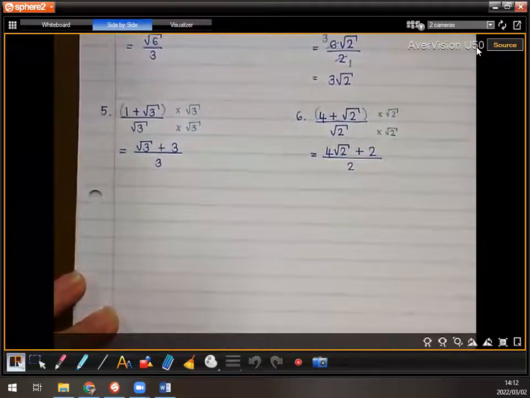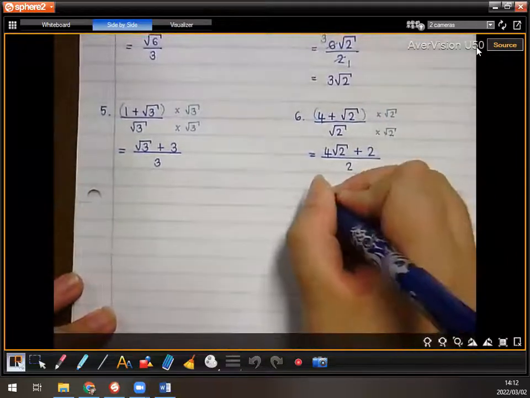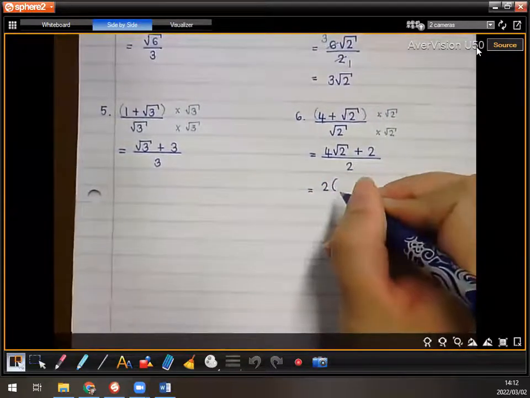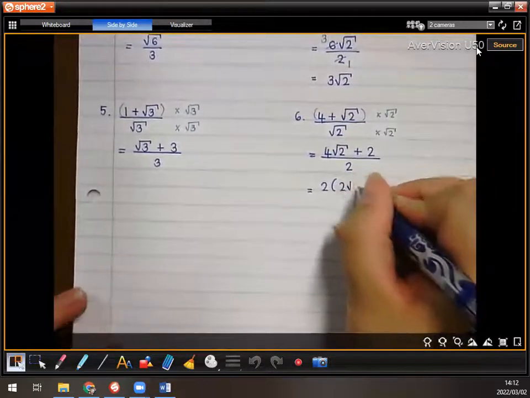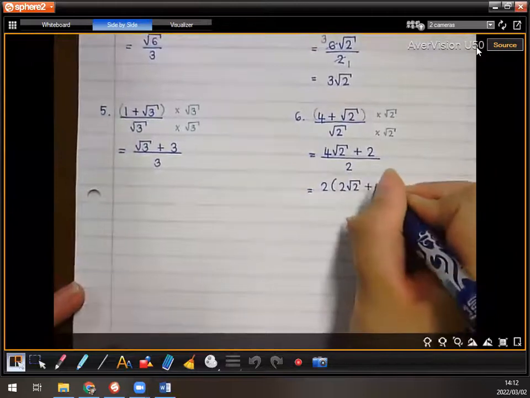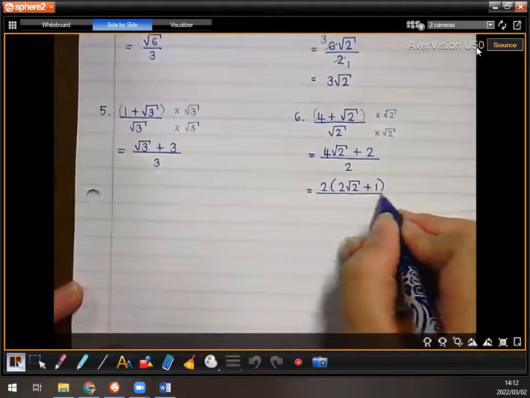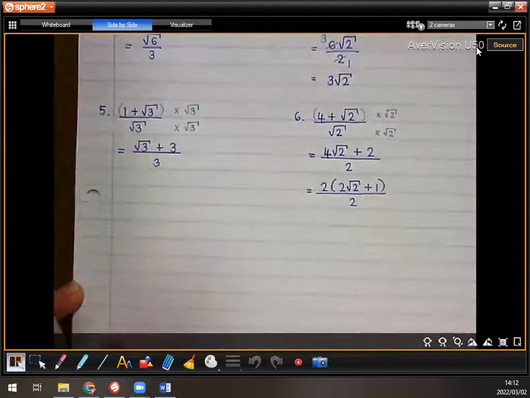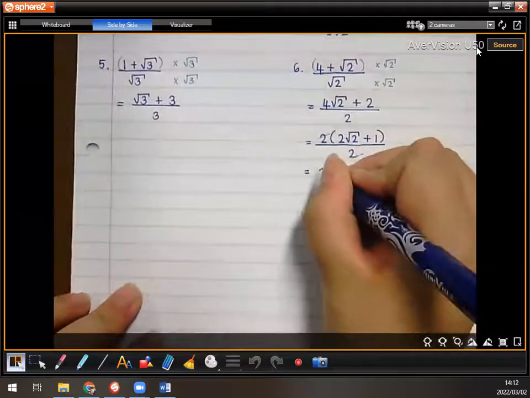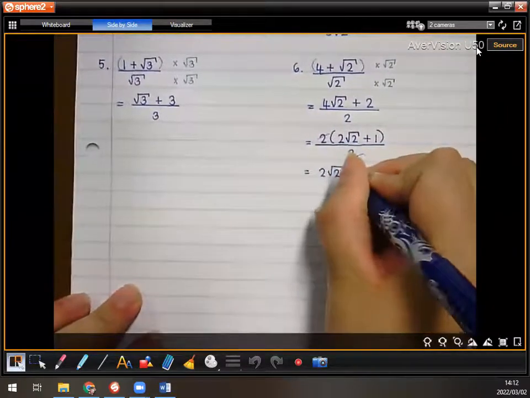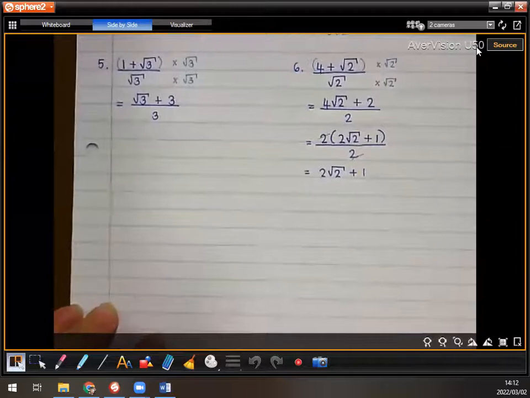Now here you can cancel, right? First you have to take out a common factor of 2. And remember, when you take out a common factor, you divide each term by that. So it's going to be 2 root 2 plus 1, and then that is all over 2, and then those 2's you can cancel out. So you are left with 2 root 2 plus 1.